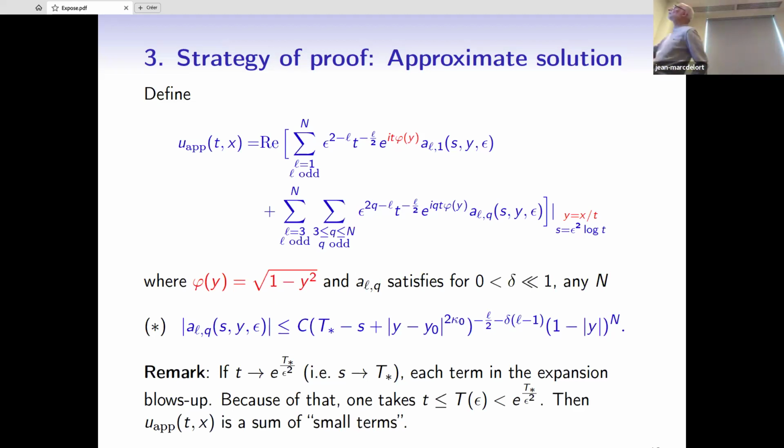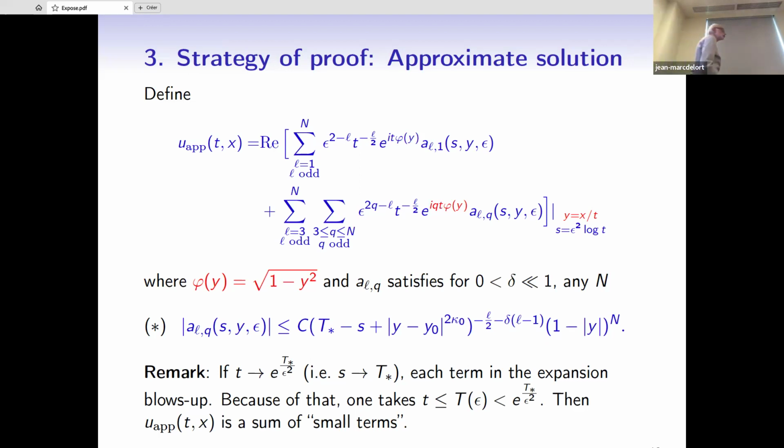And then we have also other terms, the ones that I shall call non-characteristic, which are terms which have the same structure, except that we have e to the i q t phi of y with q odd equal to 3.